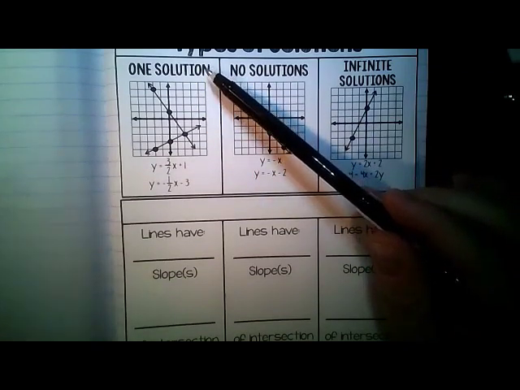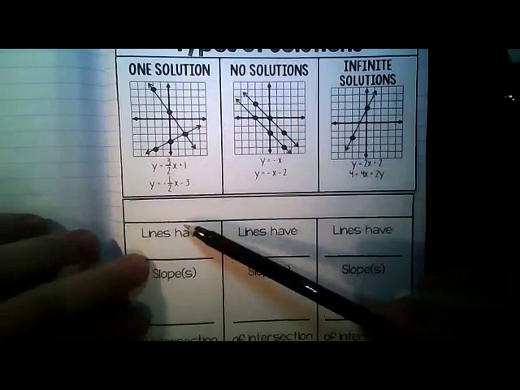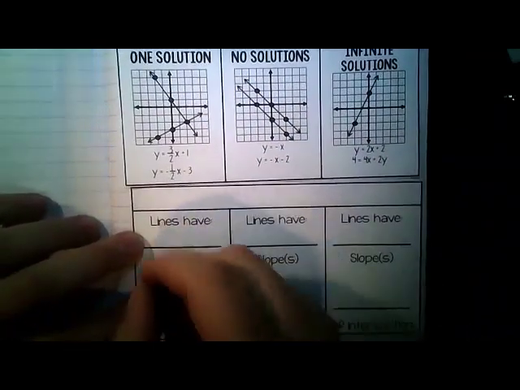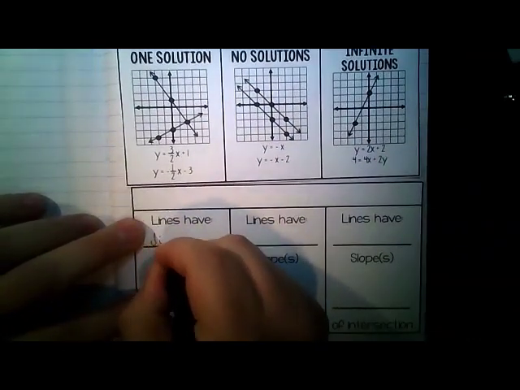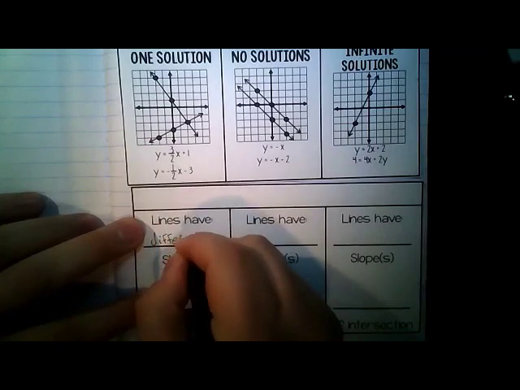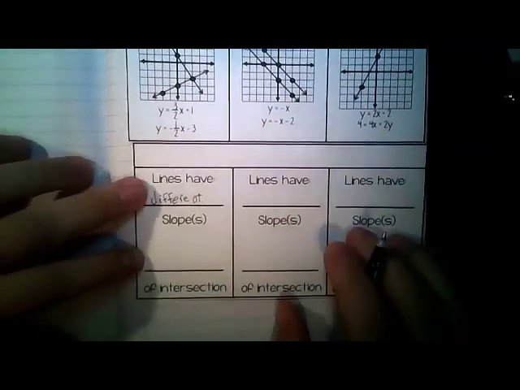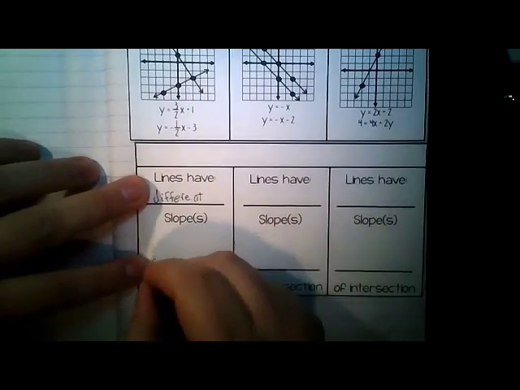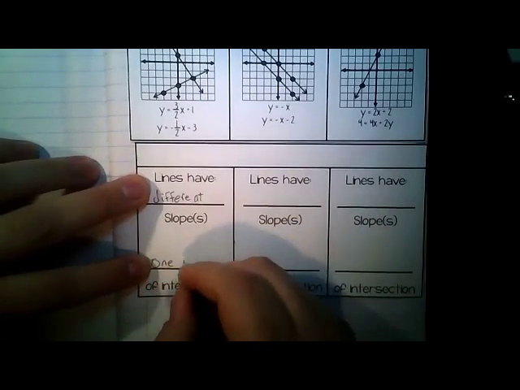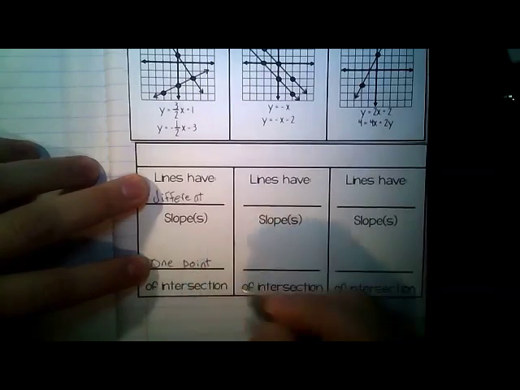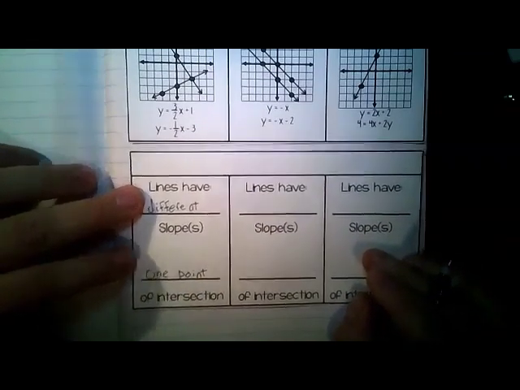Okay? And that occurs when the lines have different slopes. You're going to write the word different there. Okay? And when there is one point of intersection.